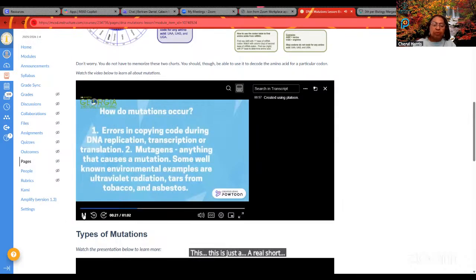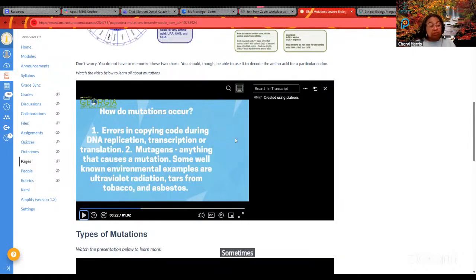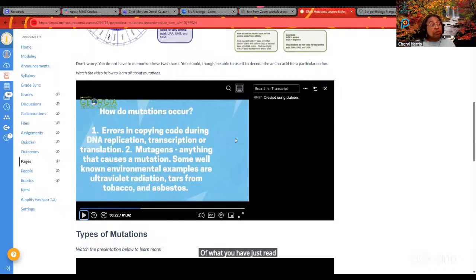All right, but the important part about mutations, it's an error in copying the code during replication. So in other words, sometimes when you read a sentence and you leave out a word, sometimes it doesn't affect what you're understanding, and sometimes it could change the whole understanding of what you have just read. Same thing with messenger RNA and translating the DNA message.